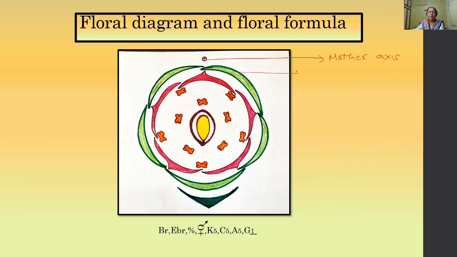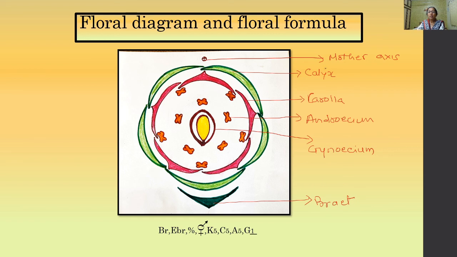Then the next is the calyx. The green colored portion is the calyx, the red colored portion is the corolla whorl, the orange colored portion is the androecium whorl, and this is the gynoecium. The dark green colored portion shown here is the bract.